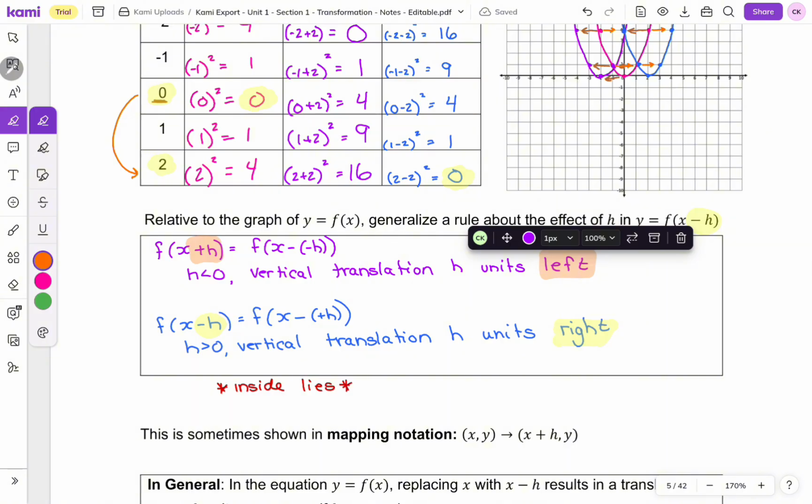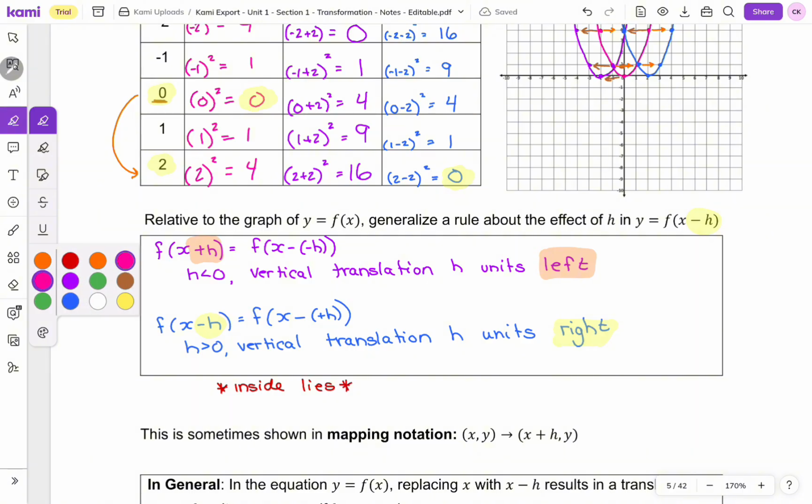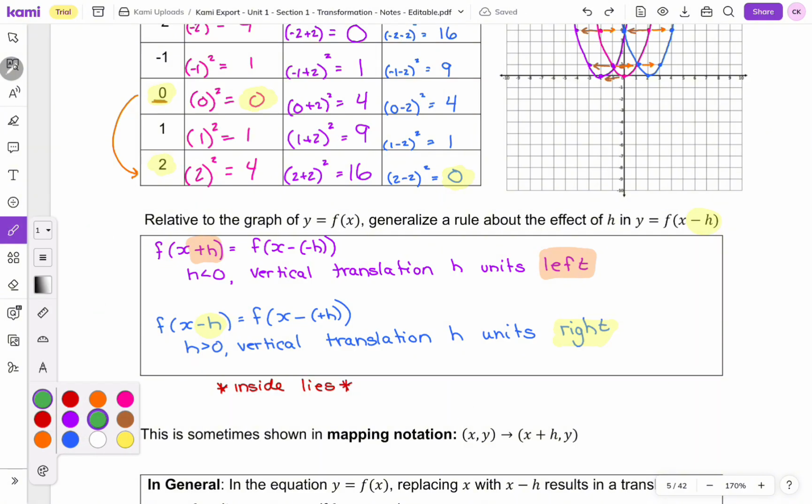We also sometimes write this in mapping notation, so this just tells us how to translate each individual point. So, for example, if I took the point from our graph, now let's say one that's not on our graph yet. So if I took the point from our parent function, let's do 4, 16.